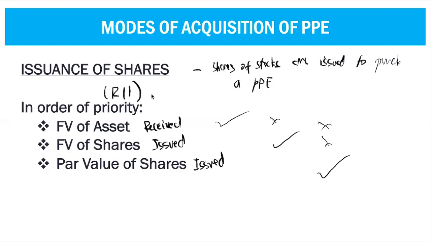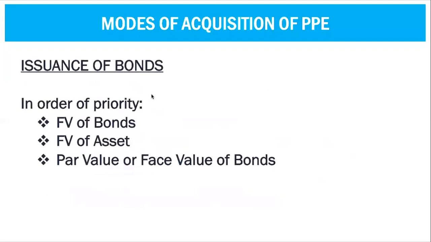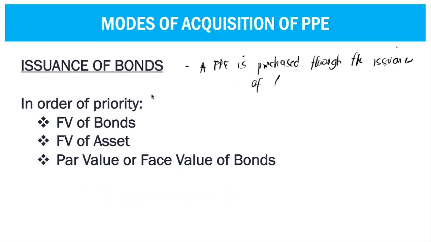In order of priority. Another mode of acquisition of PPE is the issuance of bonds. So this one, a property, plant, and equipment is purchased through the issuance of bonds payable.